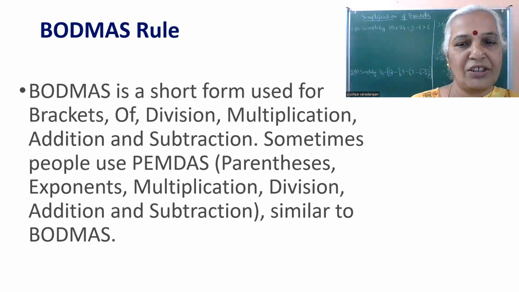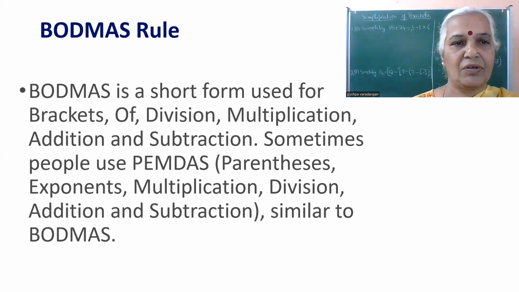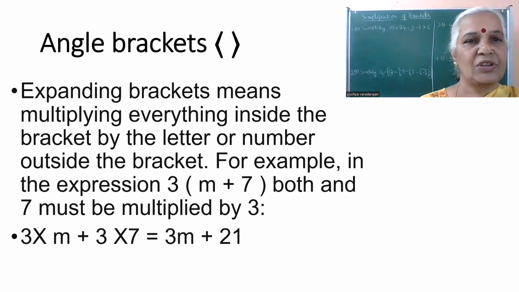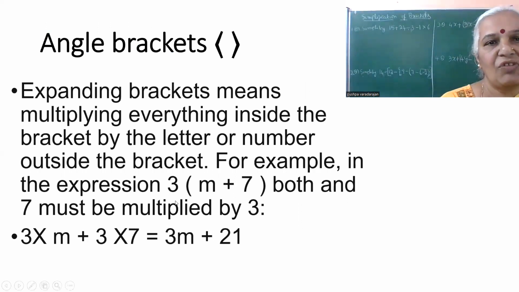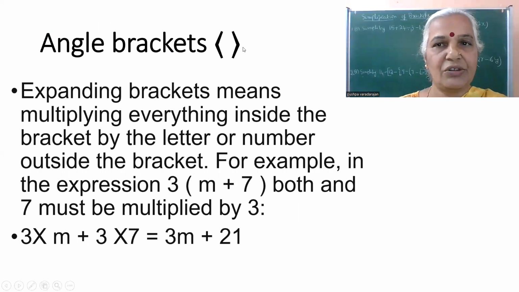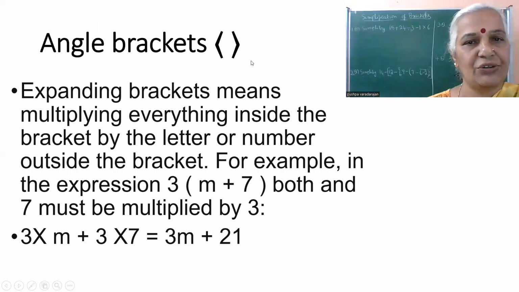This is also similar to BODMAS, but this comes in the higher class. For your class, only the BODMAS rule is enough. Sometimes there will be angle brackets also, but very rarely we will use this bracket.